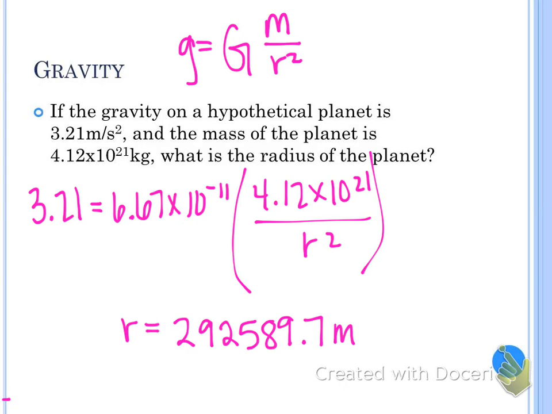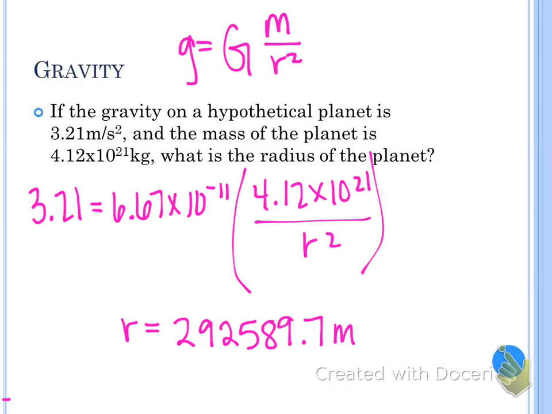Okay, so algebraically what I did is I moved over g first, 3.21 divided by 6.67 times 10 to the negative 11th. Then since my r is on the bottom, I'm going to switch those two places, so I'll take 4.12 times 10 to the 21st divided by that answer, and then I'll square root that.